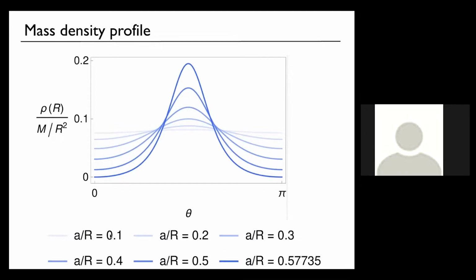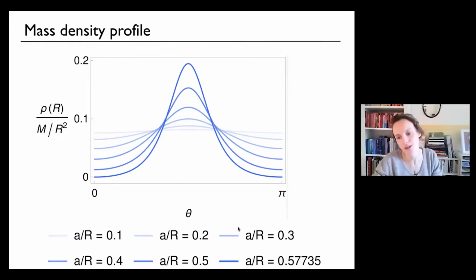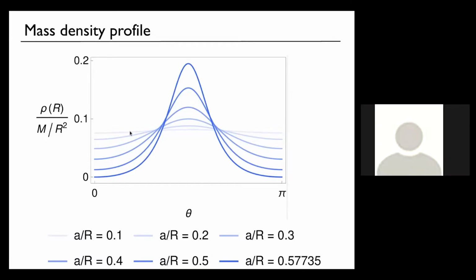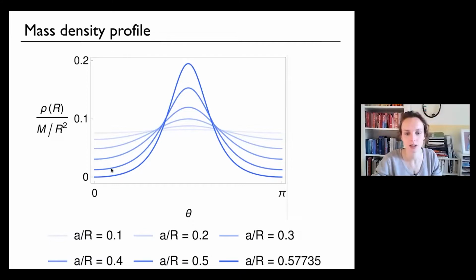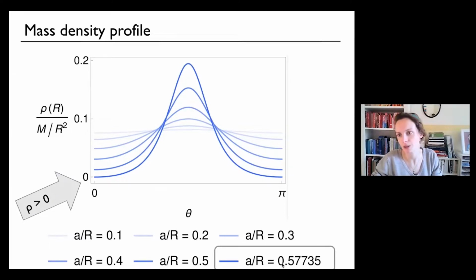So you'll see that as you increase the spin value to larger values, the mass density is more sharply peaked and more concentrated near the equator compared to the poles. You should note also that this mass density is, well, it is whatever it is. It's not isotropic, but it exists, and it is always positive, as long as this ratio of A over R is less than this particular value, which is some numerical value that you can just calculate.